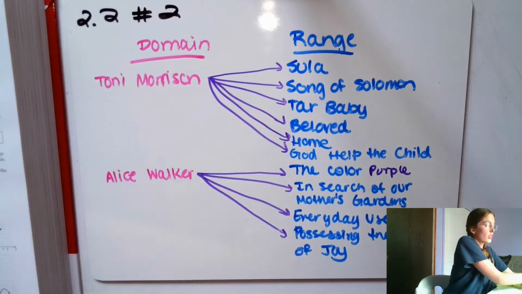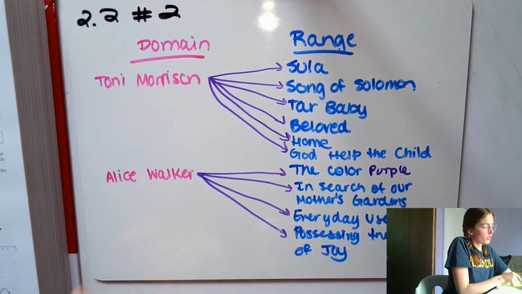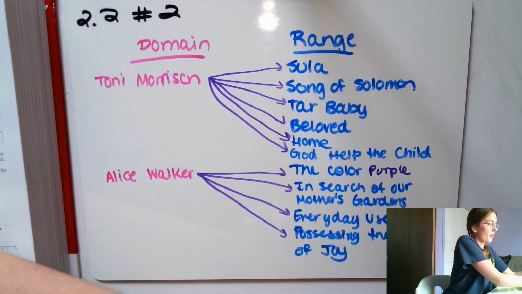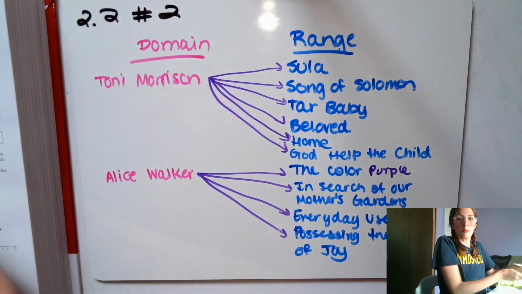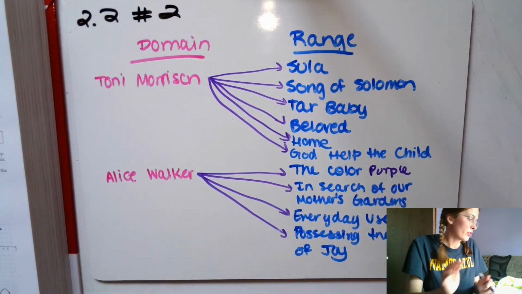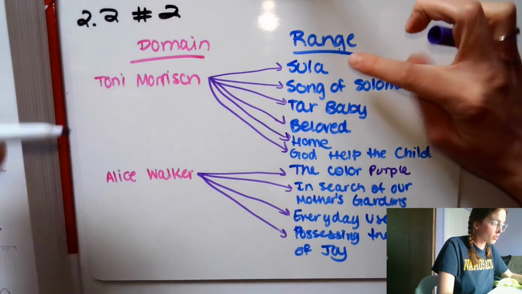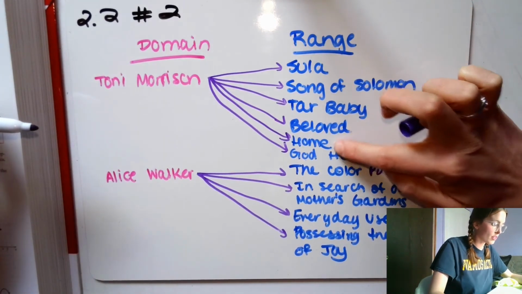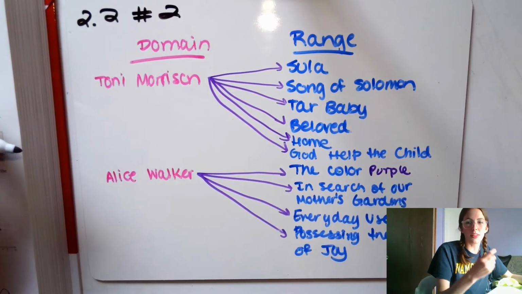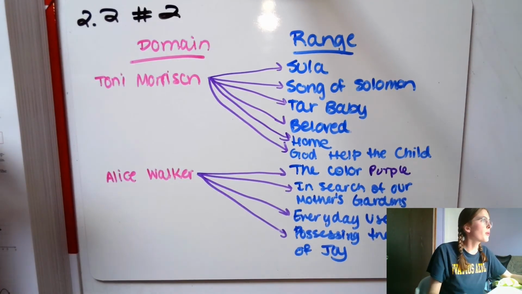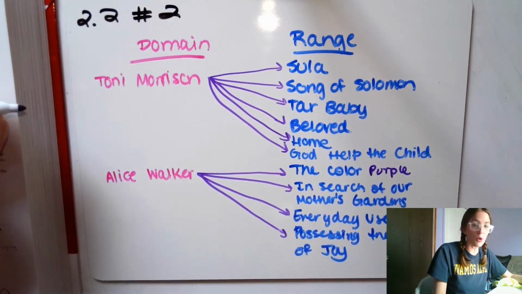So is this a function? Well, let's see. For our input, Toni Morrison, there are 1, 2, 3, 4, 5, 6 outputs. Actually, more than that. She's written a lot of books, so there's more than one output.